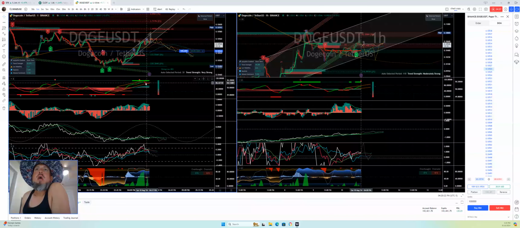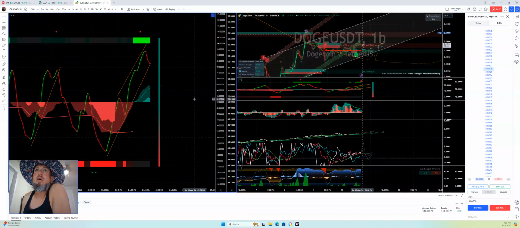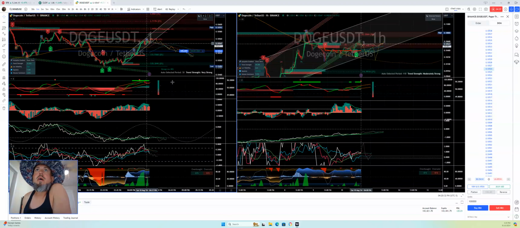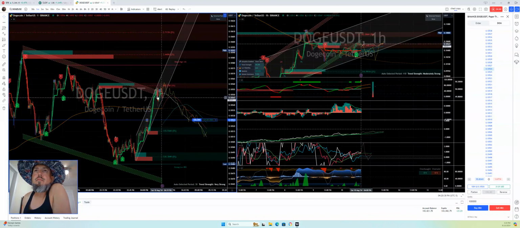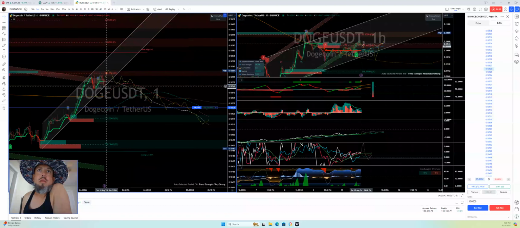But if it turns up, because when we look at it, see the overflow positive is still there, so it could turn up. And then that would be it, right there, where it's hitting the outside or the bottom part of the trend right here.